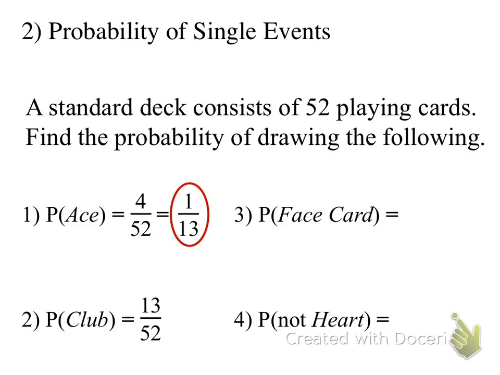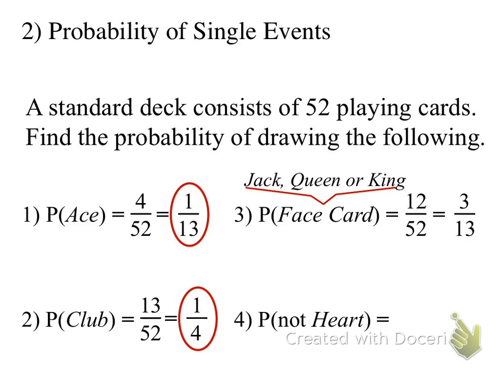Now think of your face cards. You've got clubs, hearts, diamonds, spades, and you have 3 of each. How many would that be? 12. 12 out of 52, and then you have to reduce it. And not a heart.